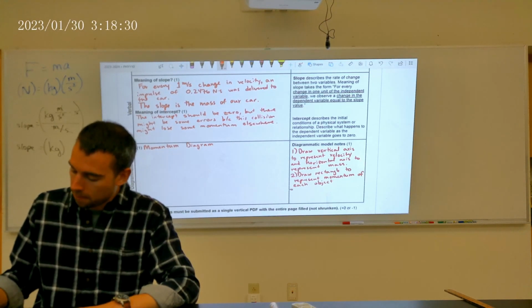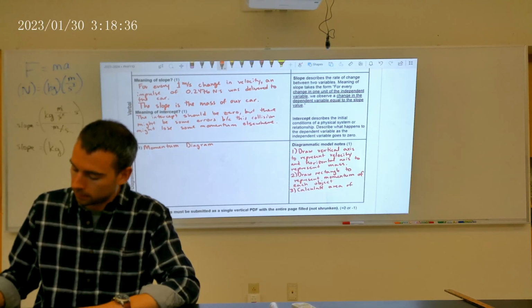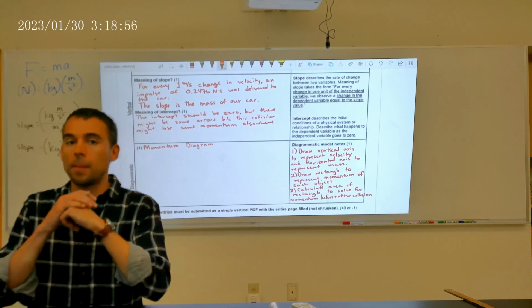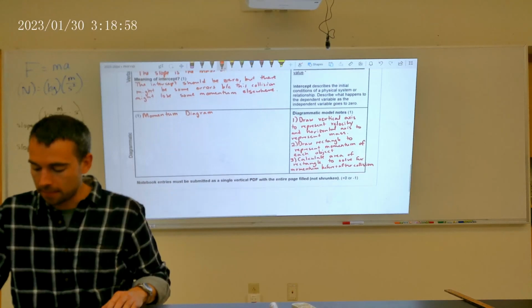In the third step, calculate the area of the rectangle to solve for momentum before and after collision. We've gained a lot of practice doing that.